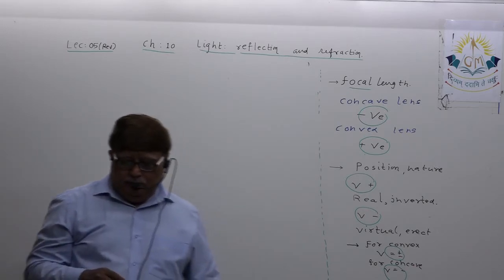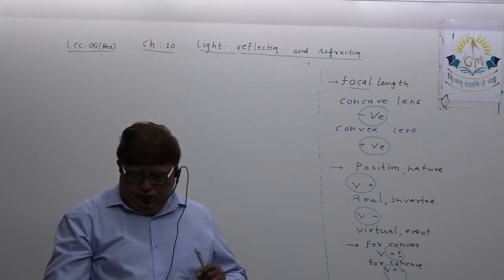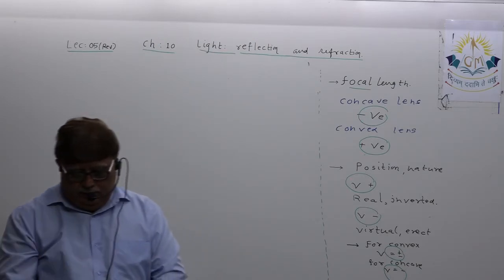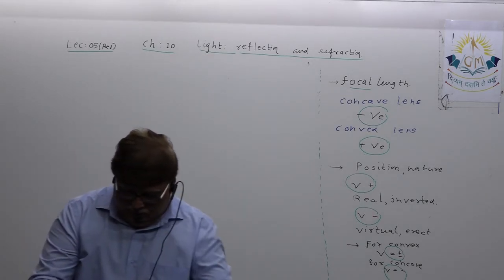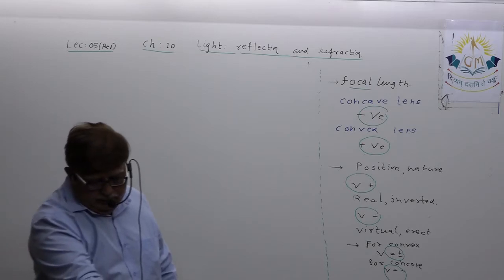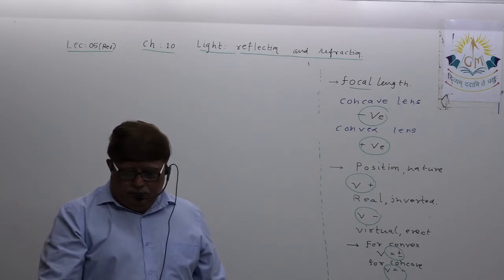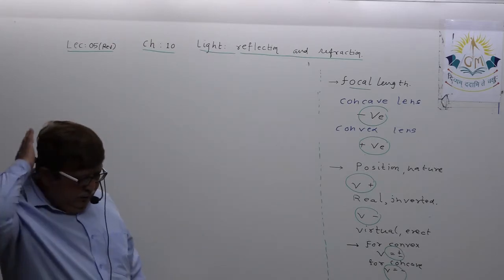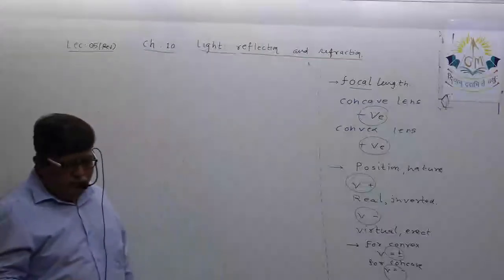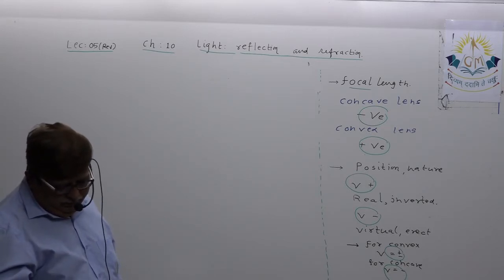A concave lens has a focal length of 20 centimeter. At what distance should the object be placed from the lens so that it forms the image at a distance of 10 centimeter from the lens? Now, dear student, example number 20, which we are targeting first.